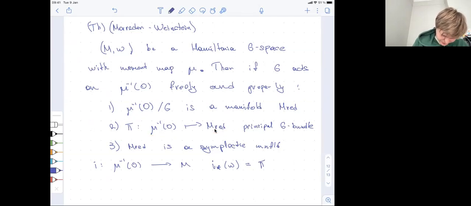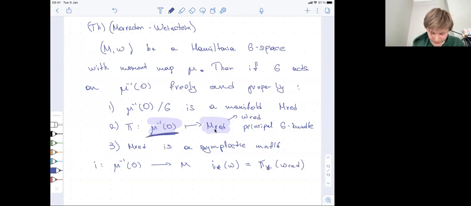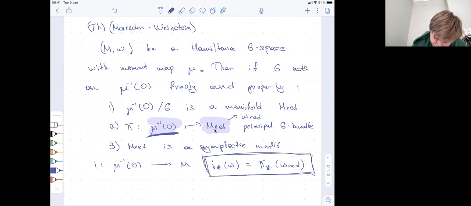Because we have P from mu minus 1 to M reduced, and if we assume that there is some symplectic form, then I can take a pullback of it and I will get the 2-form on mu minus 1 of 0, and this is how we define omega reduced.